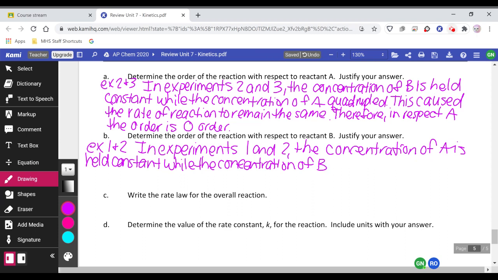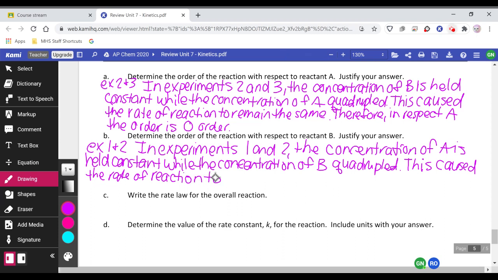It quadrupled as well. Okay, so then we look at what that did to the rate. So this caused the rate of reaction to increase by a factor of 16.